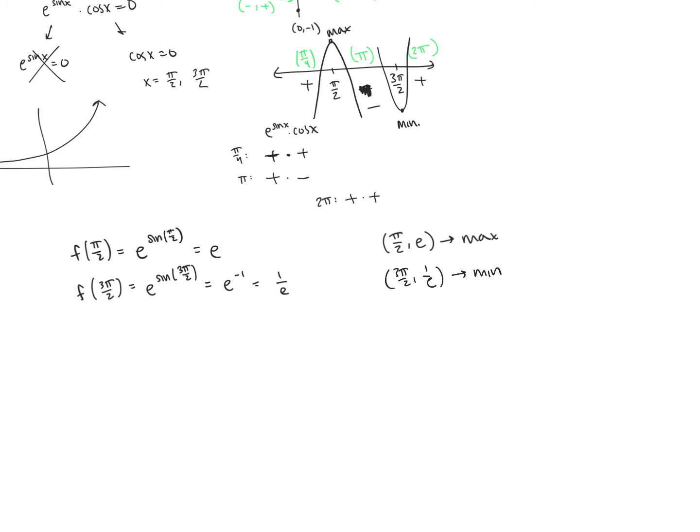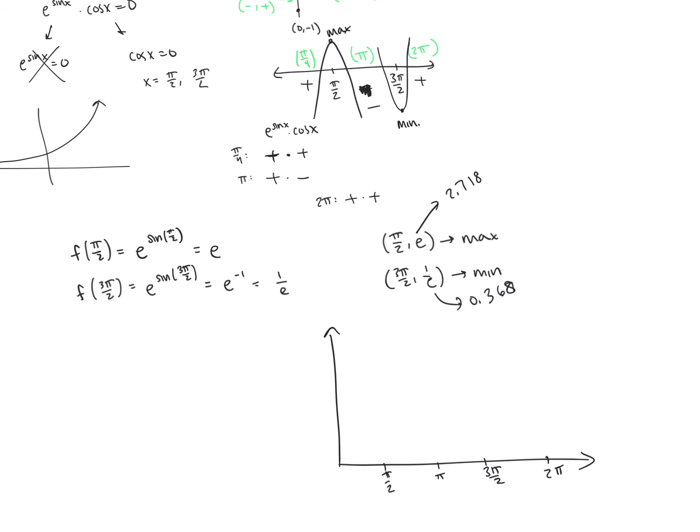Okay. Now, remember that e is the number 2.718, and then 1 over that would be 0.368. Okay? So yeah, we would just graph that. Here we have pi half, pi, 3 pi half, 2 pi, and then it goes up to 3.